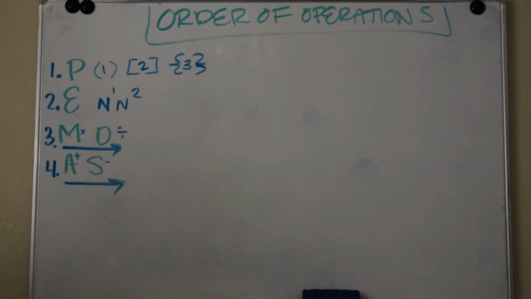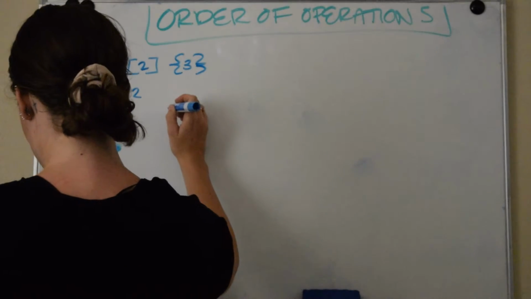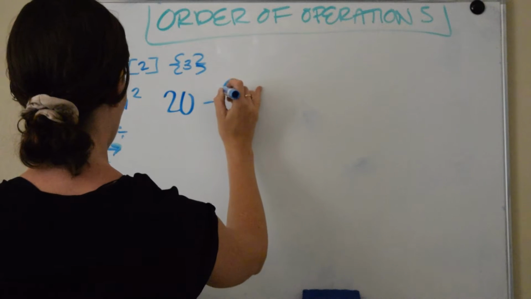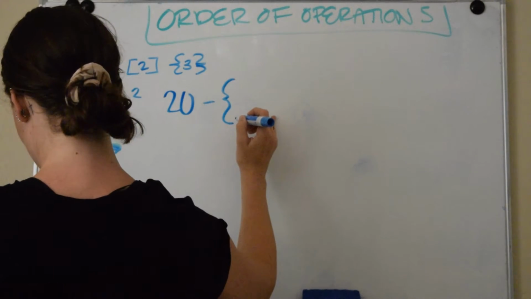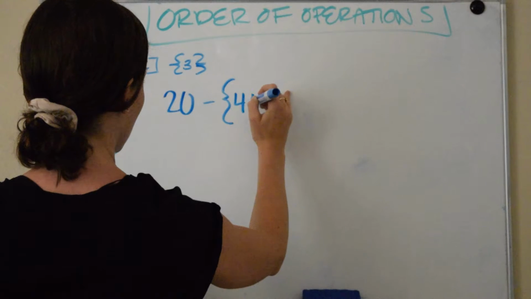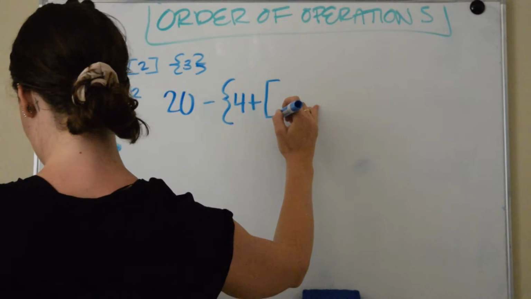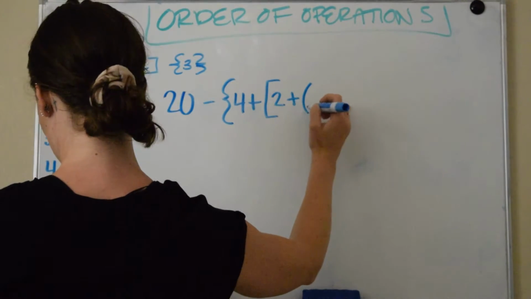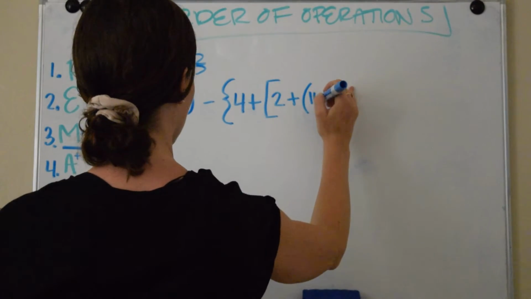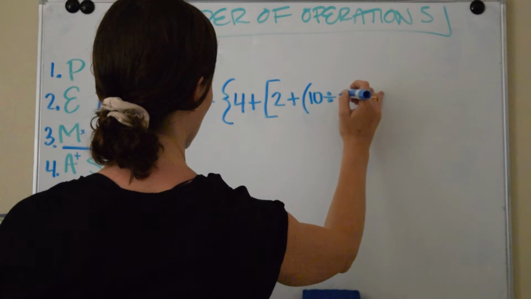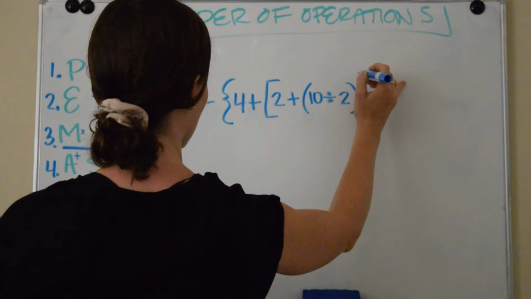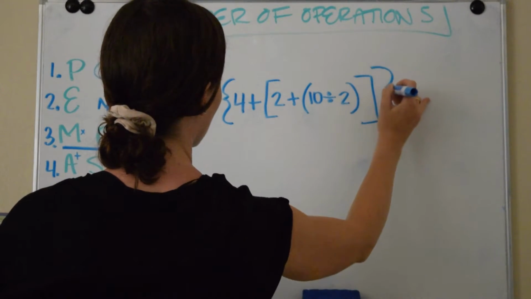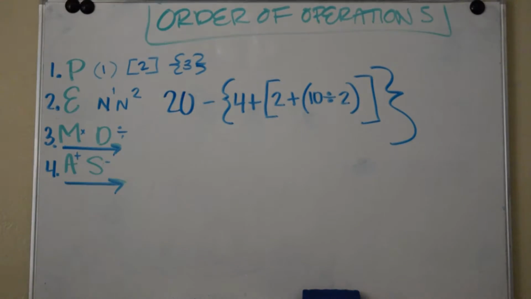Let's say we have the following equation: 20 minus, and then braces, 4 plus, and then brackets, 2 plus, parentheses, 10 divided by 2, close.